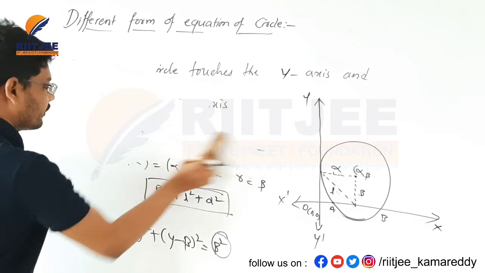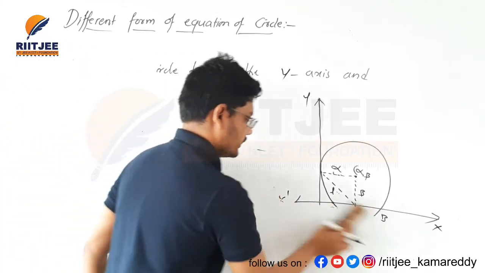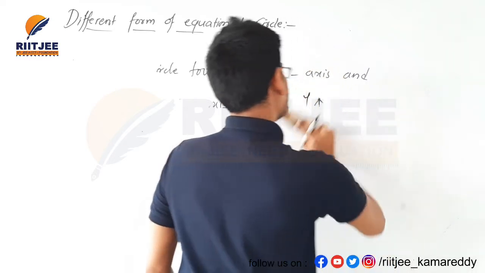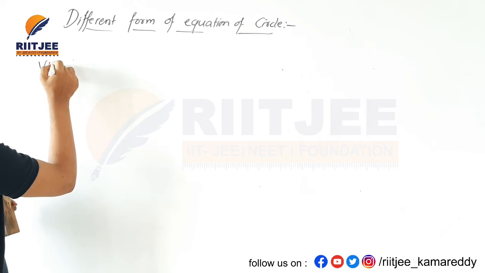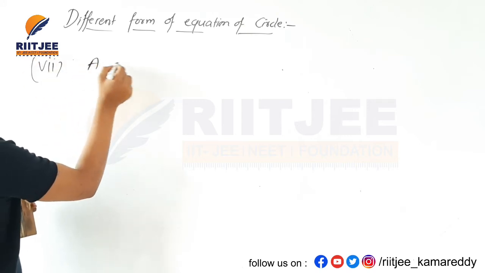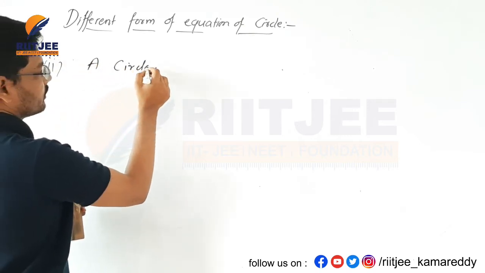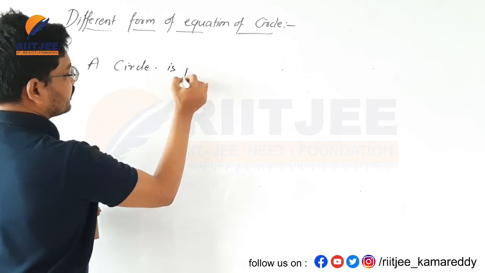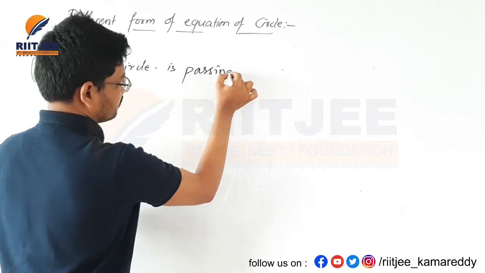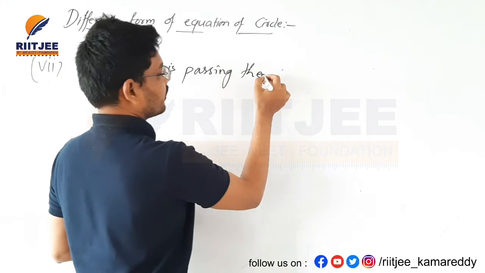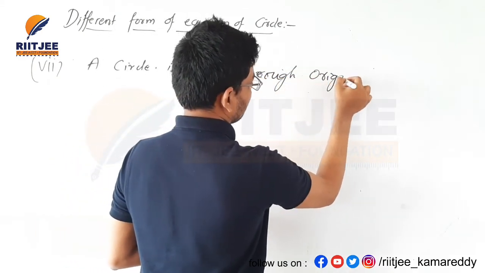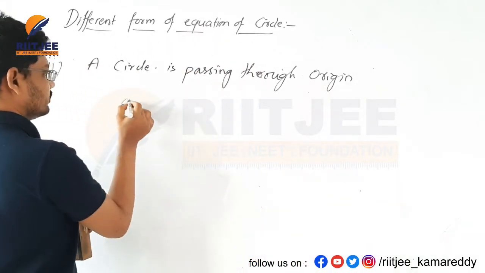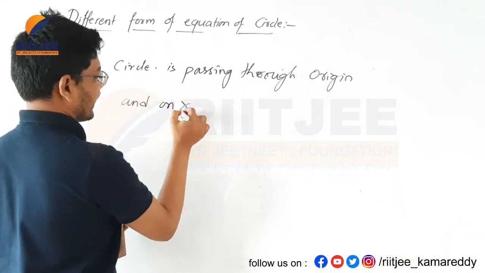This is the equation of circle when it touches the y axis and intersects the x axis. And the next type of circle is a circle passing through origin and on x axis.